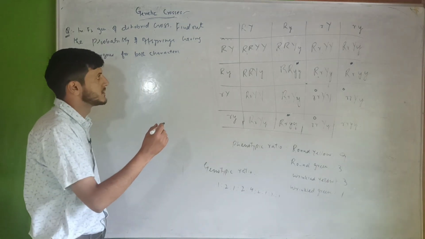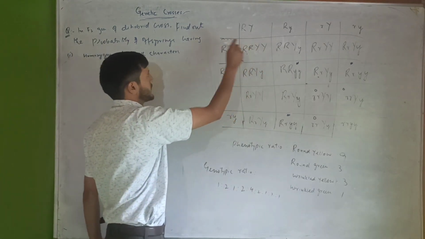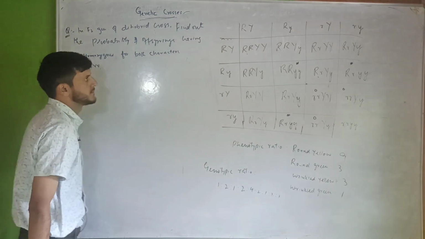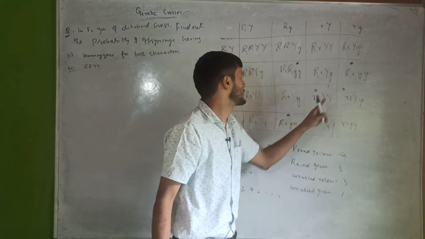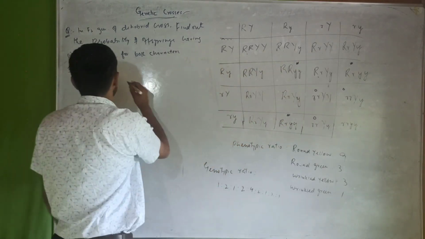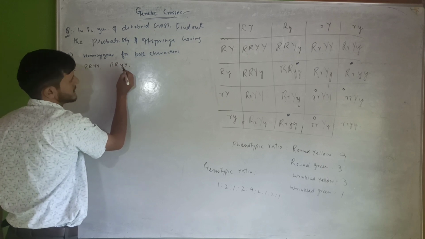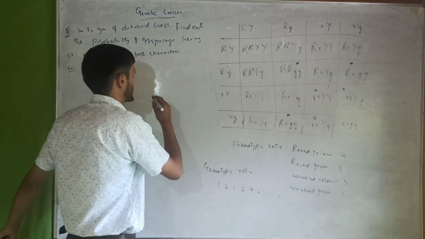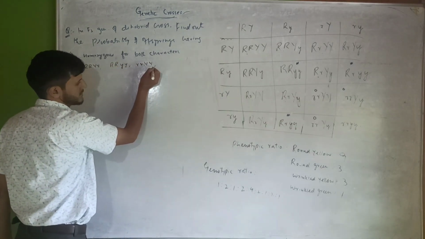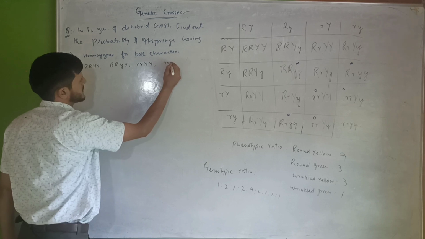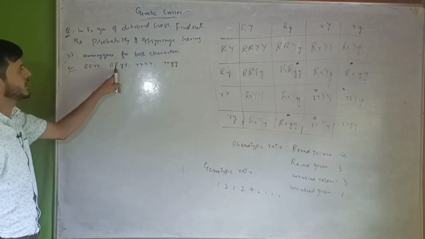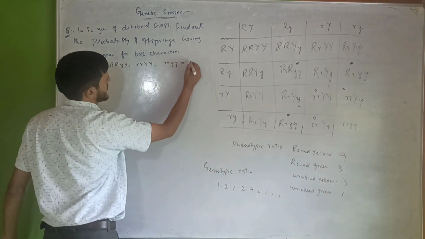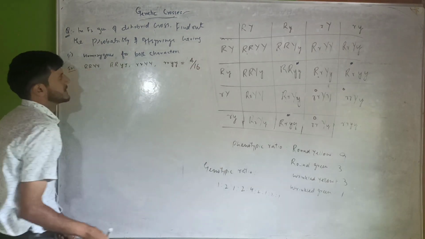Homozygous for both: capital R, capital R, capital Y, capital Y; capital R, capital R, small y, small y; small r, small r, capital Y, capital Y; then small r, small r, small y, small y. 1 into 1 into 1 into 1, 1 plus 1 plus 1 plus 1. So the answer will be 4 by 16.